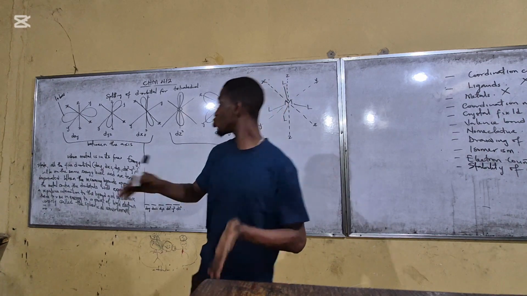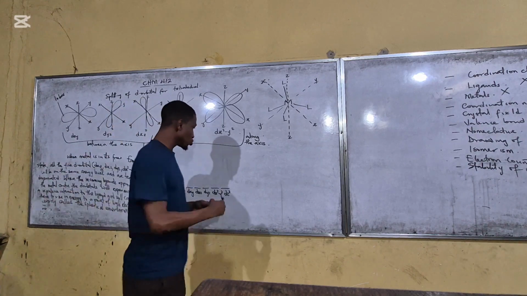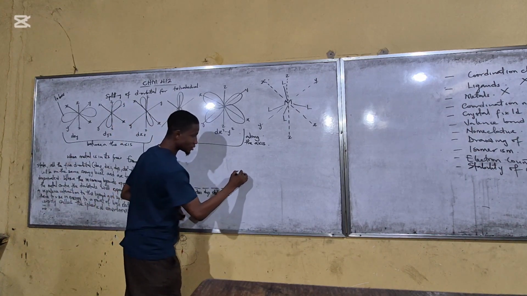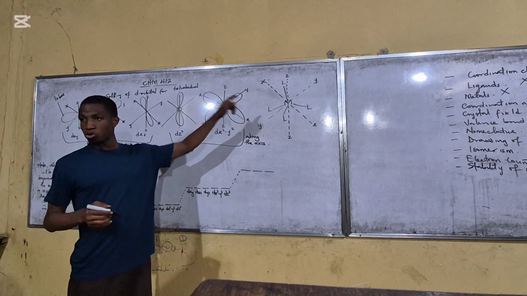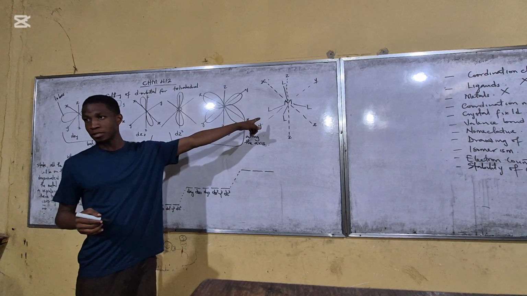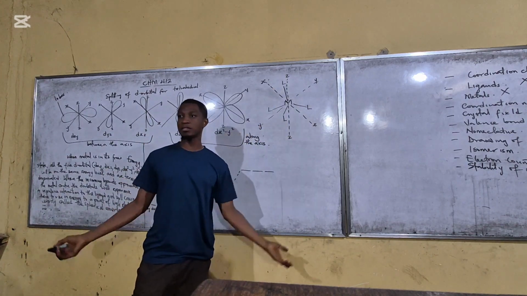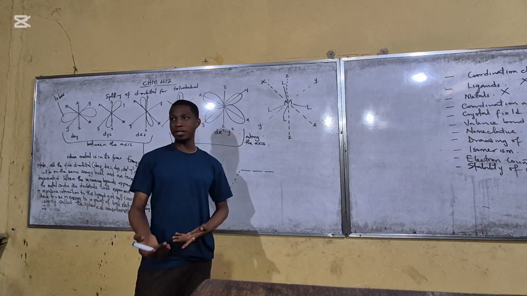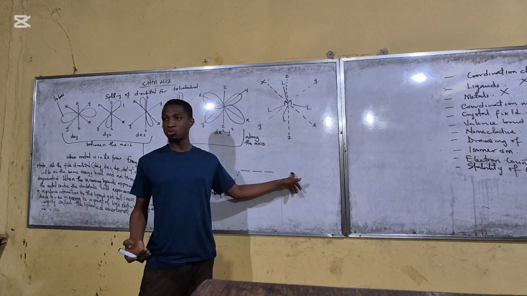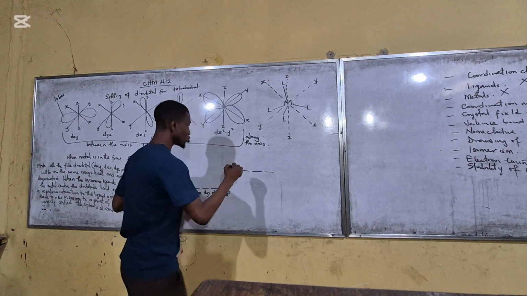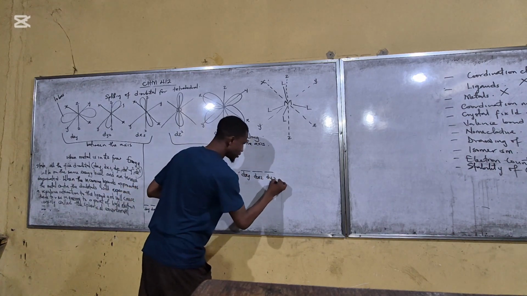So these three will experience a greater repulsion, forcing them to rise in energy. That's because they are in the same direction as the ligand. They are between the axis, and the ligand is also between the axis. So because they are in the same direction as the ligand, they will experience a greater repulsion, causing them to rise in energy. So we call these the xy, the xz, and the yz.